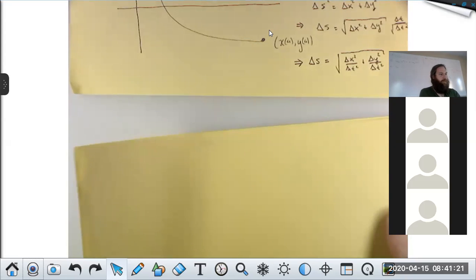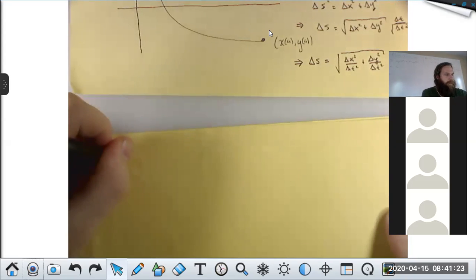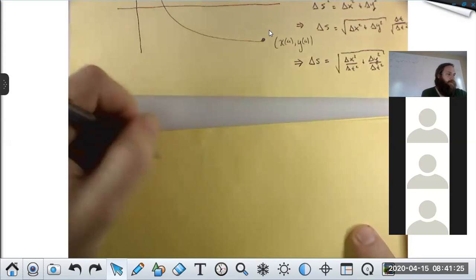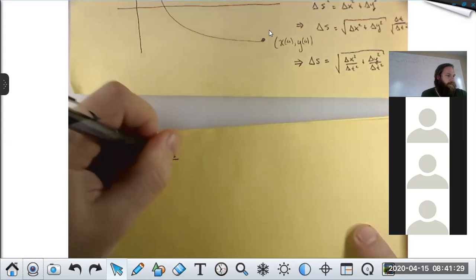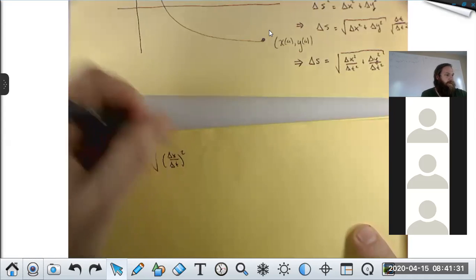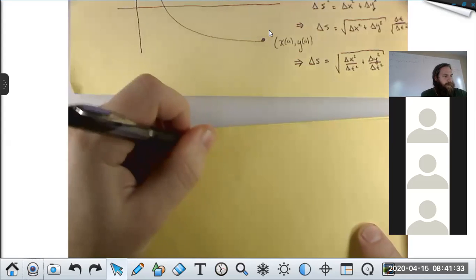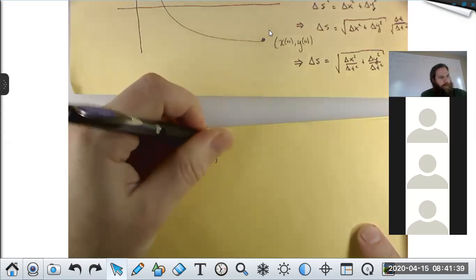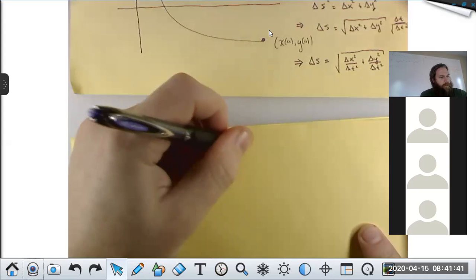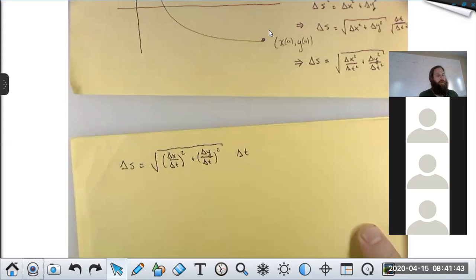Okay. So we end up with this formula. Delta S equals the square root of delta x over delta t all squared plus delta y over delta t all squared, times delta t left outside from the numerator.